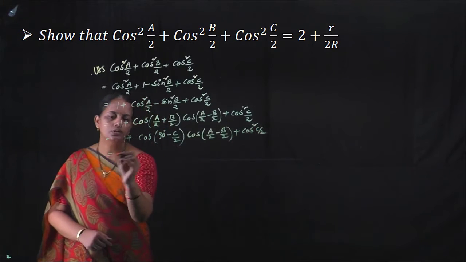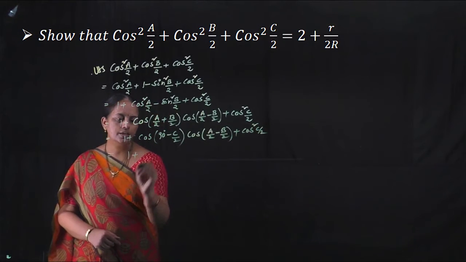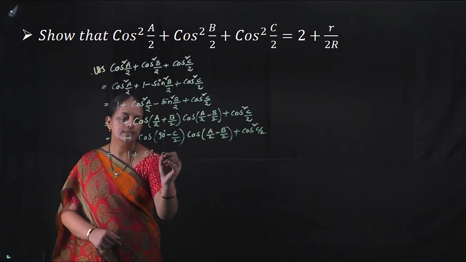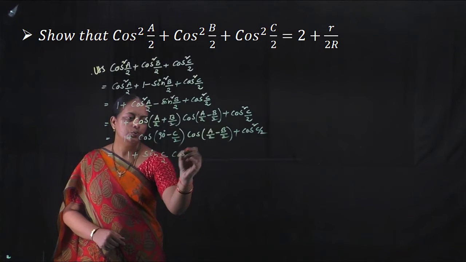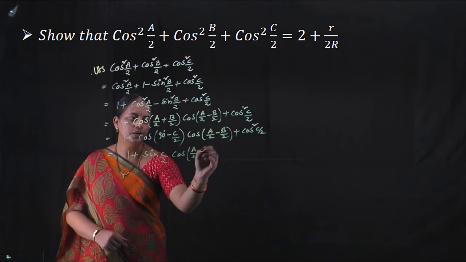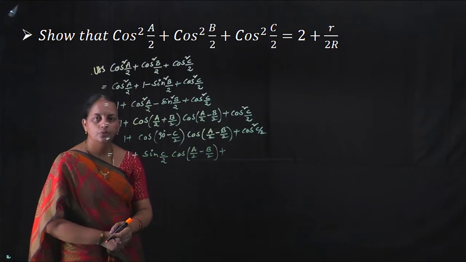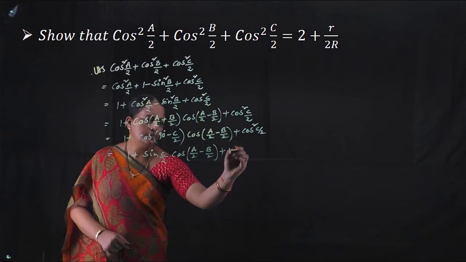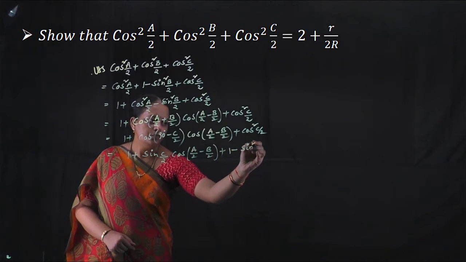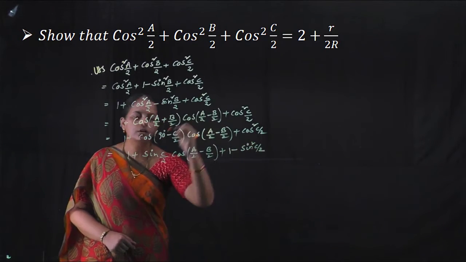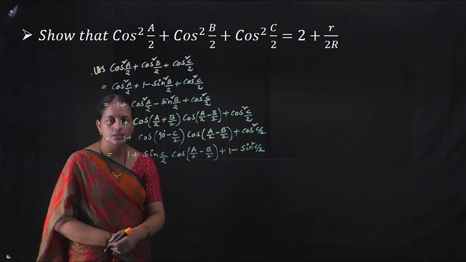This is equal to 1 plus cos of (90 minus C by 2), which means sin C by 2, into cos of A by 2 minus B by 2, plus cos square C by 2, which can be written as 1 minus sin square C by 2. From the first identity, we know that cos square theta plus sin square theta is equal to 1.